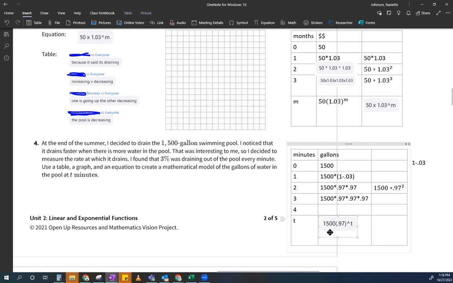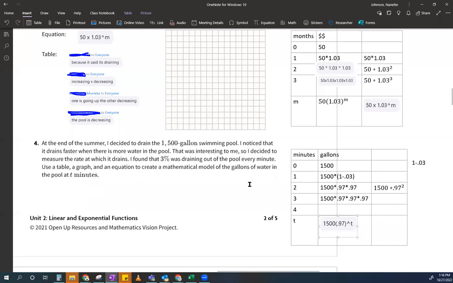So I should be able to go up to any one of these numbers and ask, okay, but why is that number there? And you should all say, well, that's because that's how many gallons of water you had in the swimming pool to drain. Okay, well, where does this 0.97 come from? Because look, I have no 0.97.